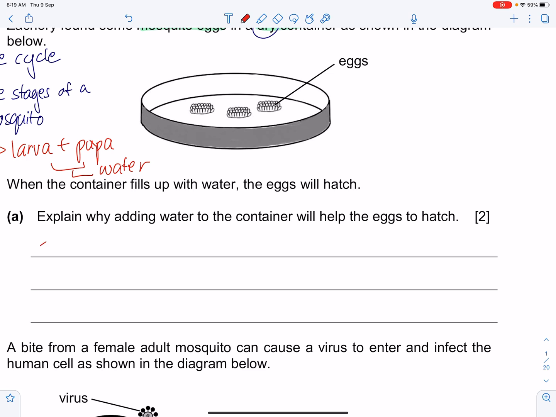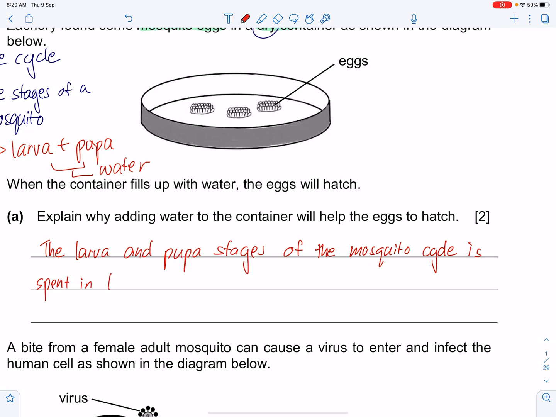So it will look like, the larva and pupa stages of the mosquito life cycle are spent in the water. So that's 1 mark for telling me that.